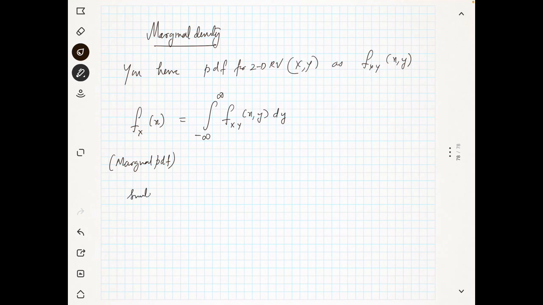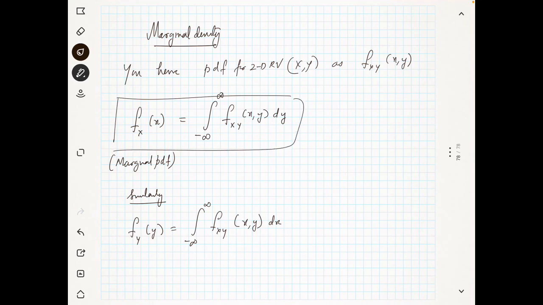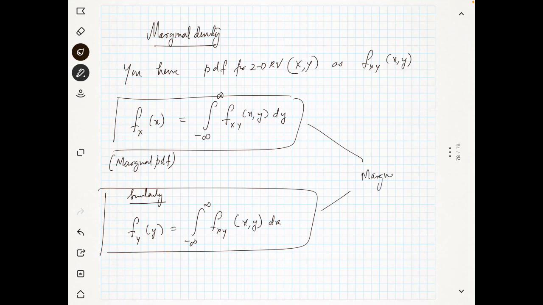Similarly, f_Y of y is the integral from minus infinity to infinity of f_XY of x, y with respect to x. This is the marginal PDF of x, and this is the marginal PDF of y.